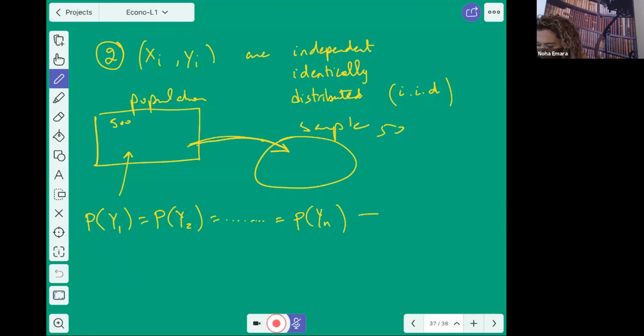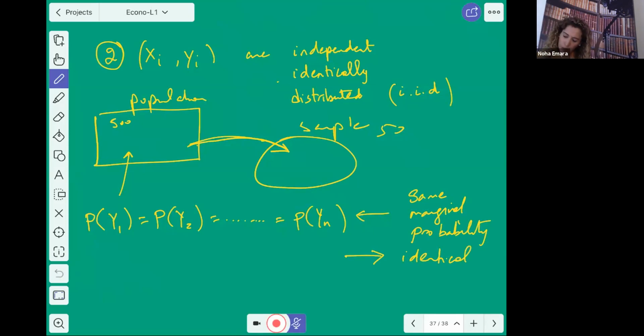So in statistics, we say they do have the same marginal probability, the same chance of being selected from the population, okay? And if this happens, then we call it identical. They do have the same, identical marginal probability.